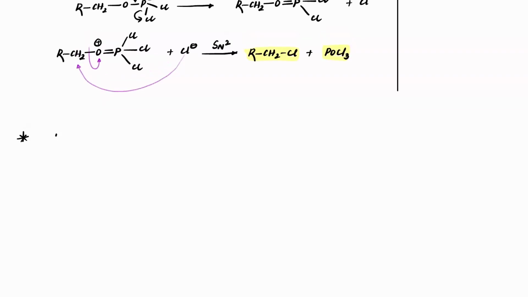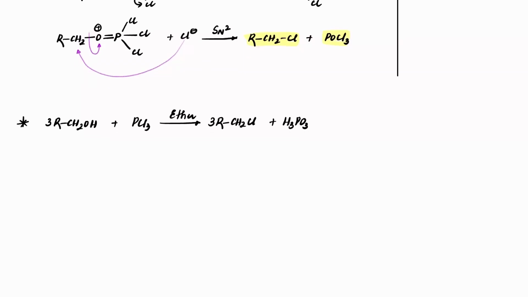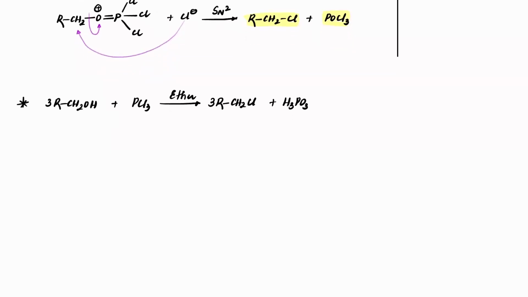Right. So the next reaction is about taking alcohol, reacting with PCl3 again in ether to convert this into, you have to take 3 moles of it. So you can get 3 moles of RCH2Cl plus H3PO3. This will make it H3PO3 formation. Okay. So how does the mechanism operate here?